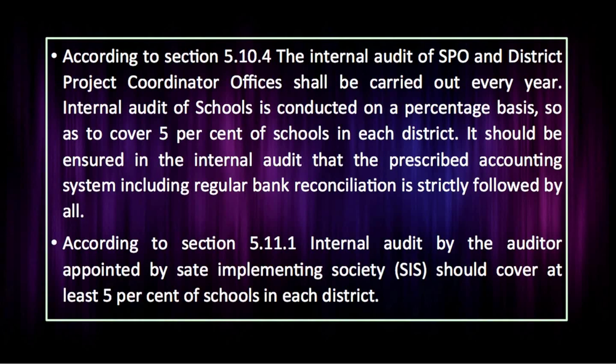According to section 5.10.4, the internal audit of SPO and district project coordinator offices shall be carried out every year. Internal audit of schools is conducted on a percentage basis so as to cover 5% of schools in each district. It should be ensured in the internal audit that the prescribed accounting system, including regular bank reconciliation, is strictly followed by all.